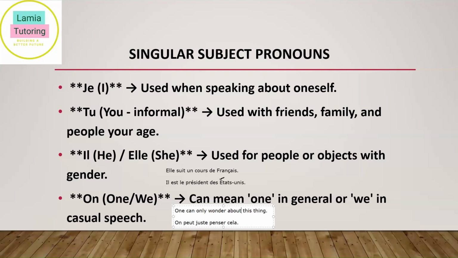So yeah, it could mean that. It could mean we in general, in casual speaking. Most of the time it's gonna be one can only wonder, like expressions. But in casual speaking to someone, when you talk about a story, about something you have done with other people, on est sorti hier en soirée, which means we went to a party yesterday.